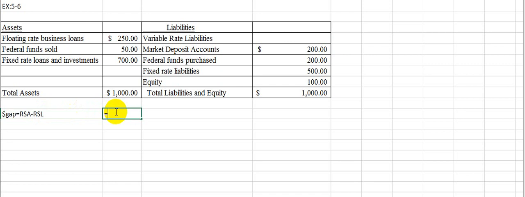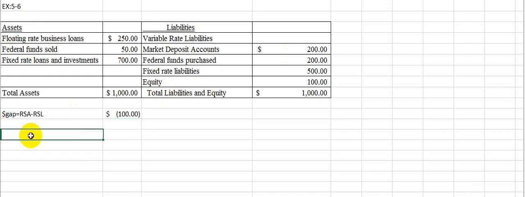The rate sensitive assets are the floating rate business loan, which is $250, and $50 for the federal funds sold, minus the variable rate liabilities, which is $200 for the money market deposit account and $200 for the federal funds purchased. So the dollar gap or maturity gap is negative 100.